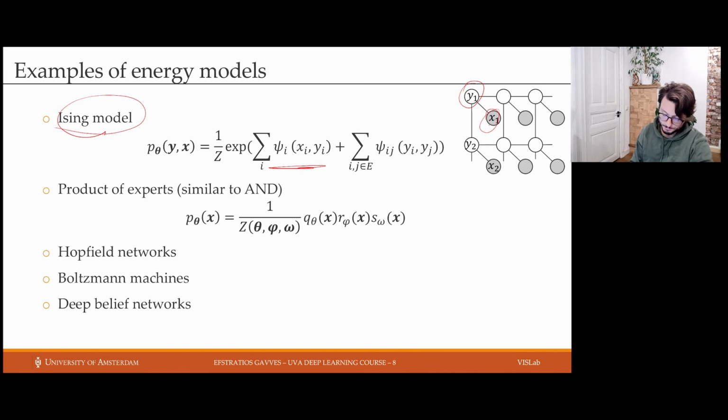The unary term here basically gives some sort of energy on how likely it is for xi and yi to have the same value or different values, and the binary term here is to determine how much energy we should have when changing our y values between neighboring pixels that are connected by an edge.